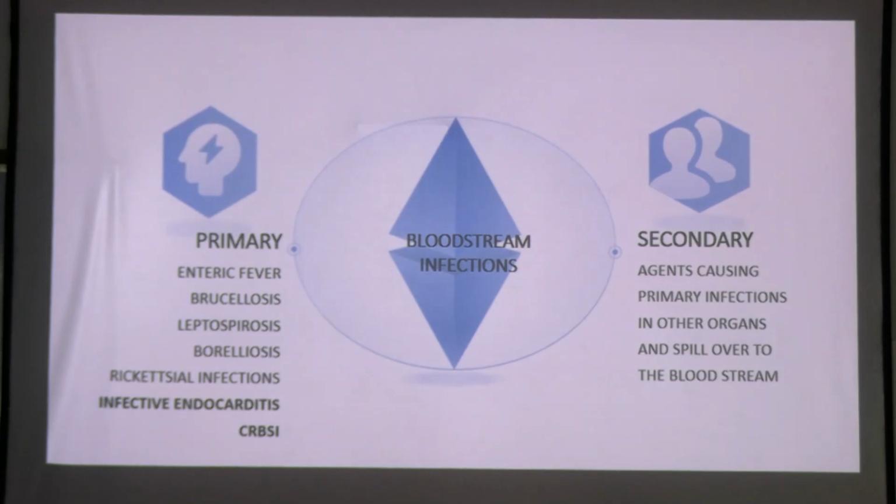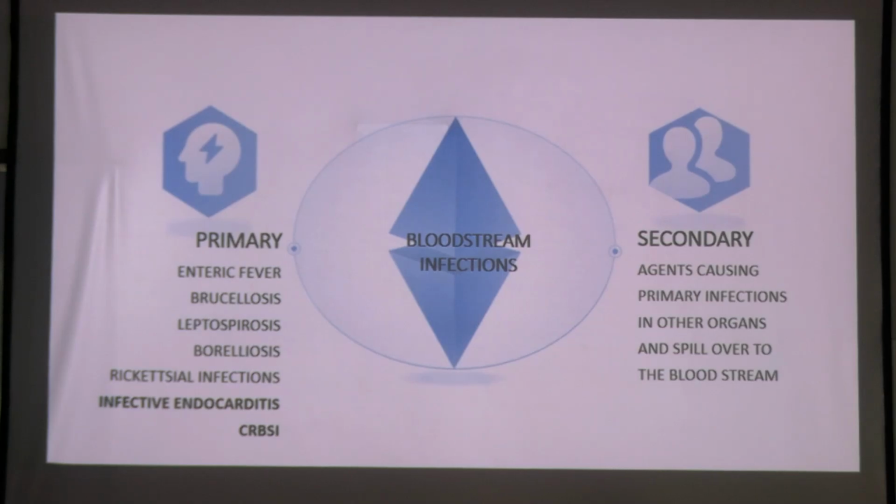Okay. Then what will be secondary bacteremia? The disease is occurring elsewhere in the body. It might spill into the bloodstream. That is called secondary bacteremia. So there are very few infections which we call primary bacteremia. What are those?